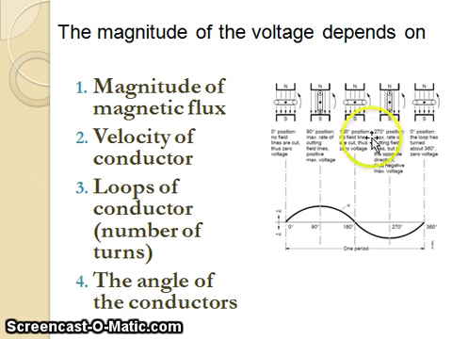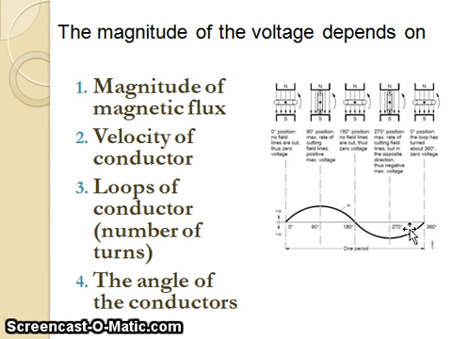But you notice here, beyond 180 degrees, the loop is now rotating the different way relative to the line of force. That's why the voltage output is opposite to that. And at 270 it is maximum, but opposite.